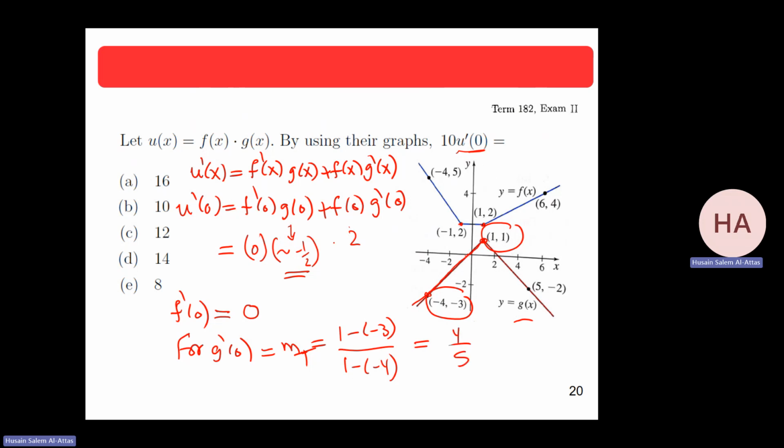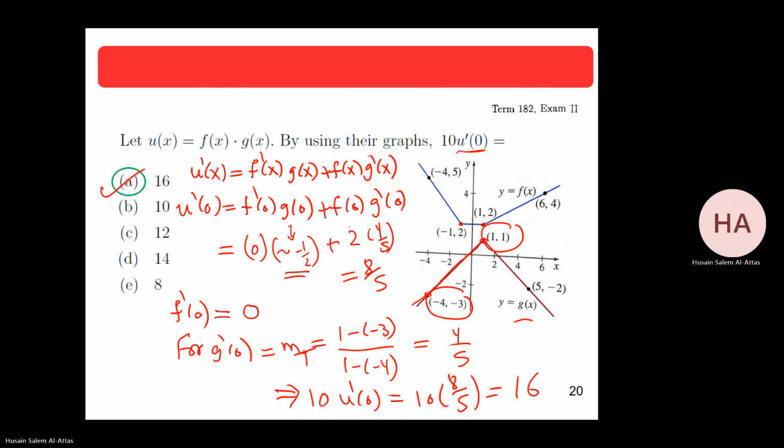So that will be 2 times 4 over 5. So the answer is what? 8 over 5. So what do I need? I need 10 times u prime at 0. That will be 10 times 8 over 5. That will be 16, which is this answer. Yeah, okay. Yeah, 16 is the correct answer.